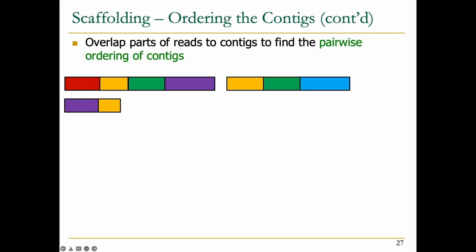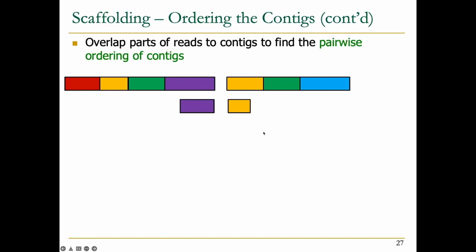So in this case, we have these two contigs, and we don't know the order between them yet, but we also have this read that we pick. Then we perform an overlap of this read to this contig, and also to this contig. And once we do the overlap, maybe we're going to get information like this, right? Some part of it overlaps here, and some part of it overlaps here.